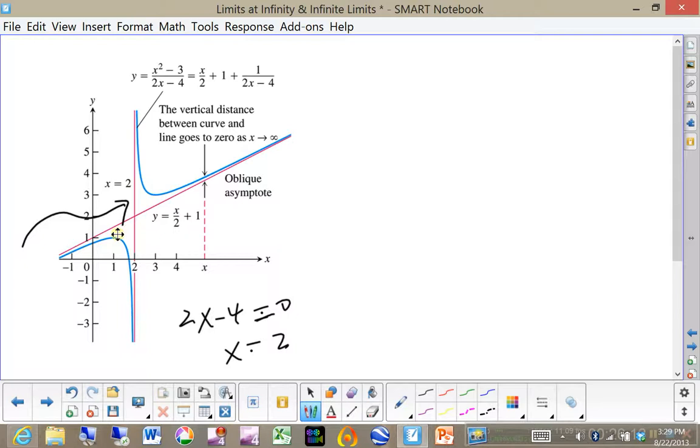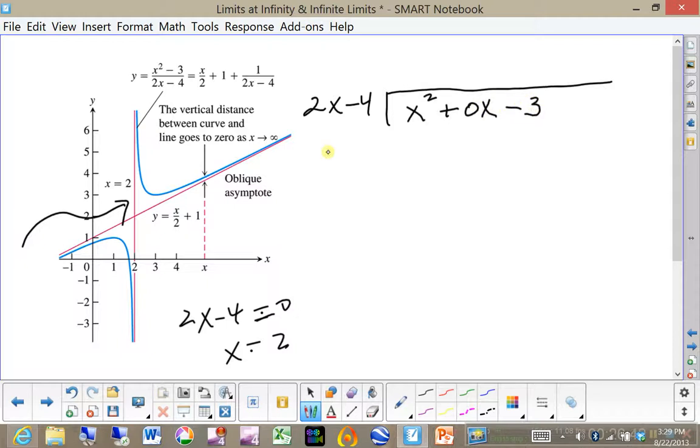To find the slant asymptote, you need to do a long division, so you divide 2x minus 4 into x squared minus 3. As you probably already know, you need to put a placeholder for the terms that aren't there, like the x term, so you have 0x minus 3.